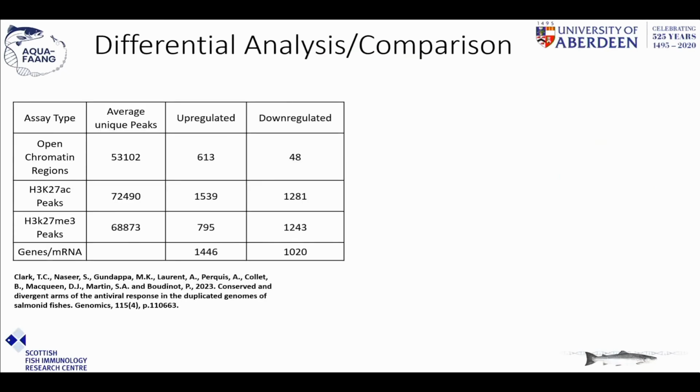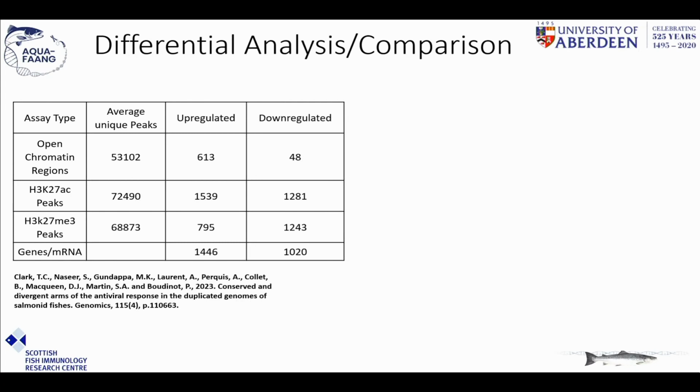So after sequencing, we identified around 53,000 unique ATAC peaks, 72,000 for the active histone mark, and around 68,000 for the repressive histone mark.